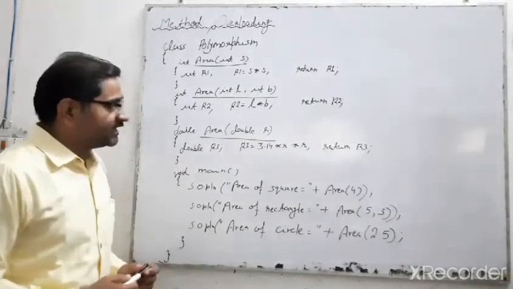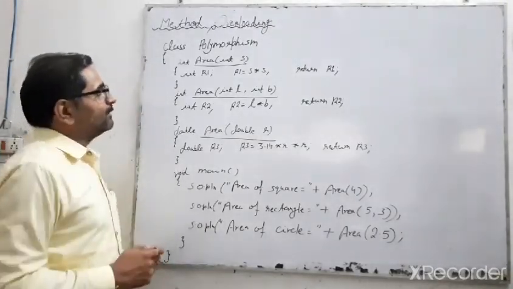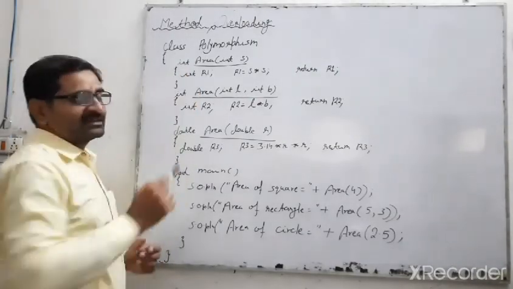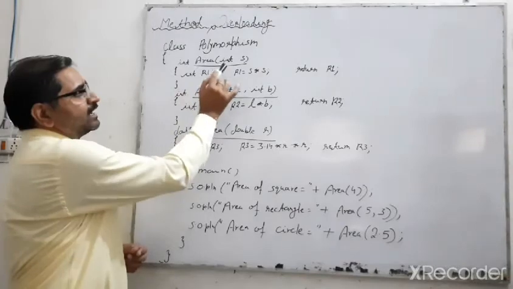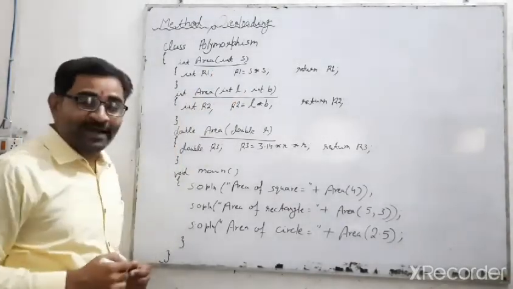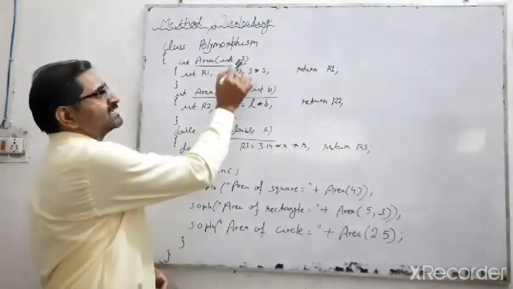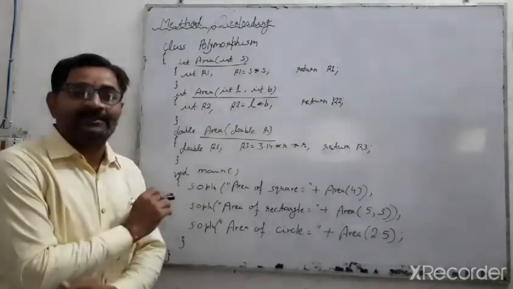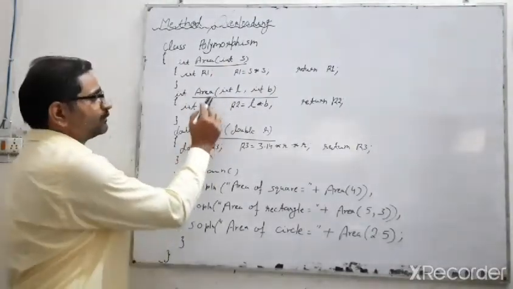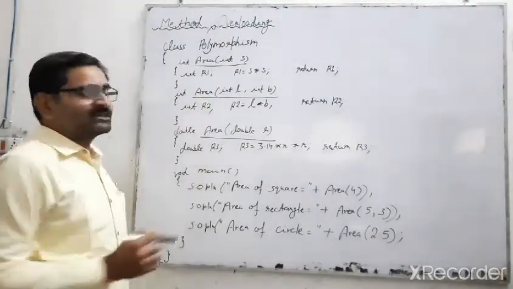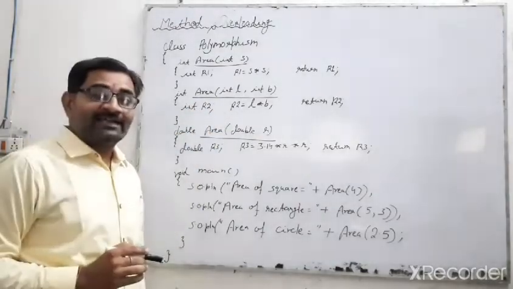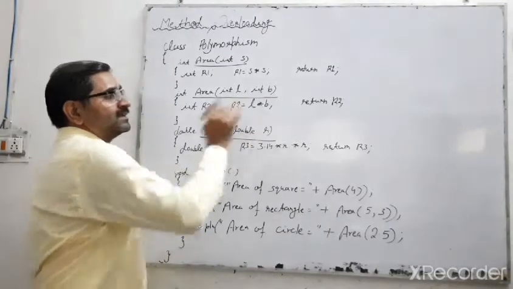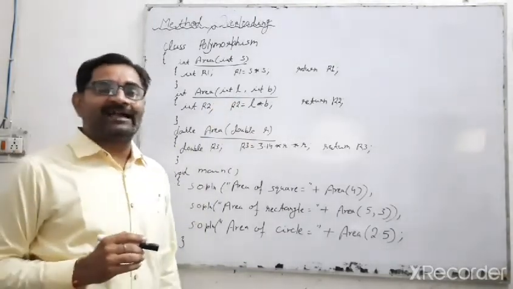Now we talk about all three methods. The first method, area, calculates the area of a square. That is why it takes the side of a square, only one parameter. The second method calculates the area of a rectangle. That is why it needs two parameters, length and breadth.